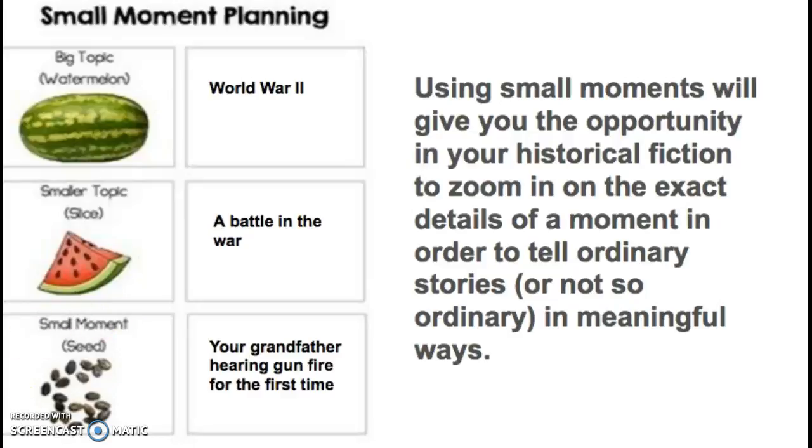What we want is this small moment, a seed. So, for example, your entire historical fiction small moment could be your grandfather hearing gunfire for the first time, which would be a pretty powerful moment. And so you could do a lot of work just around that small moment.